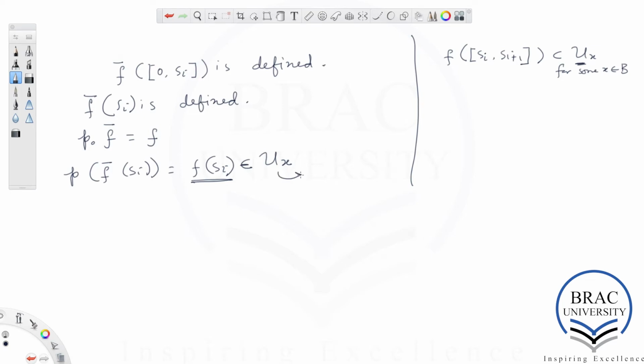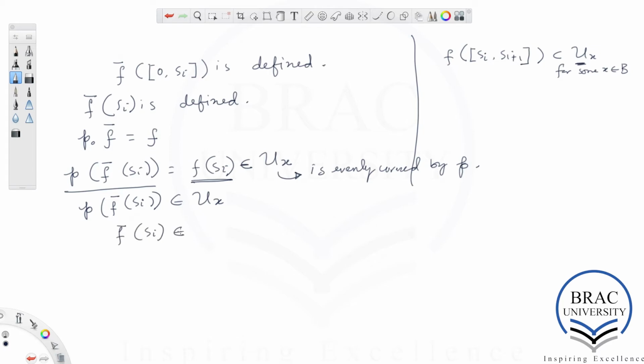And we know that this U sub x is evenly covered by P, so that now, using this, we have just seen that P of F bar of Si is contained in U sub x for some x in the base topological space B. So F bar of Si is contained in the pre-image of U sub x under P, right?